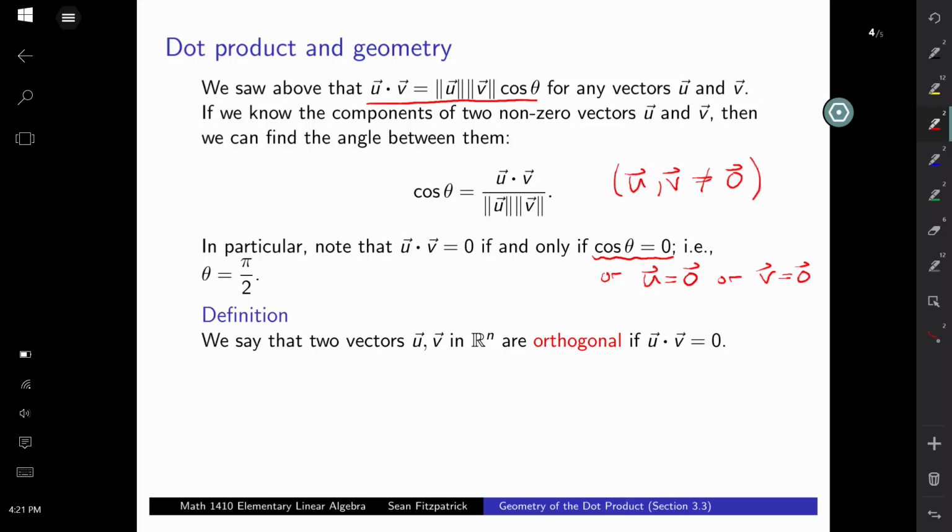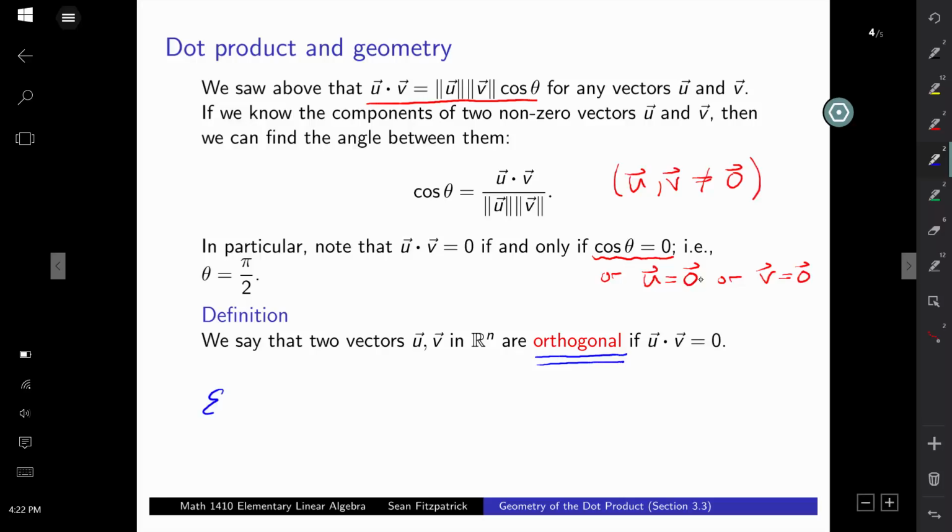So the name for vectors that satisfy this property, that the dot product vanishes, is orthogonal. This word orthogonal does include the possibility that one of the two vectors could be equal to 0, but the situation that we really care about is the case where both of them are non-zero and they happen to meet at right angles.